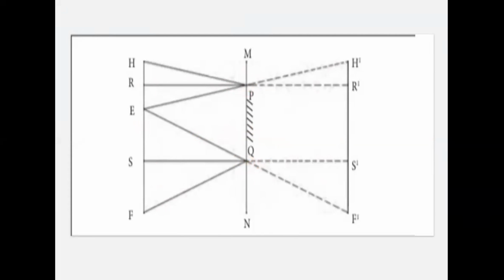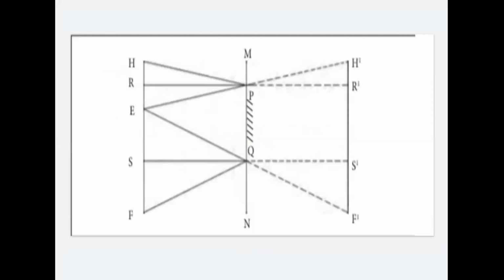Don't you think this image is making this part? So how can you write it? You can say the minimum height of the mirror is nothing but RE plus ES. Don't you think this is making up this portion only, and this portion is nothing but RE plus ES?